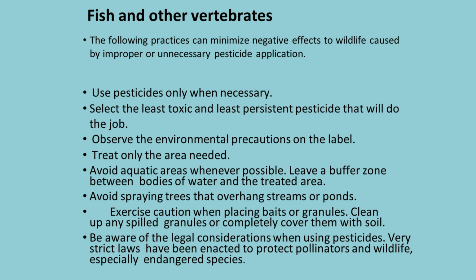Leave a buffer zone between bodies of water and the treated area. Avoid spraying trees that overhang streams or ponds. Exercise caution when placing baits or granules. Clean up any spilled granules or completely cover them with soil. Be aware of the legal considerations when using pesticides. Very strict laws have been enacted to protect pollinators and wildlife, especially endangered species.